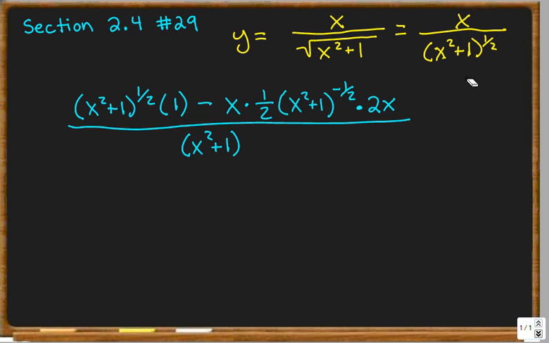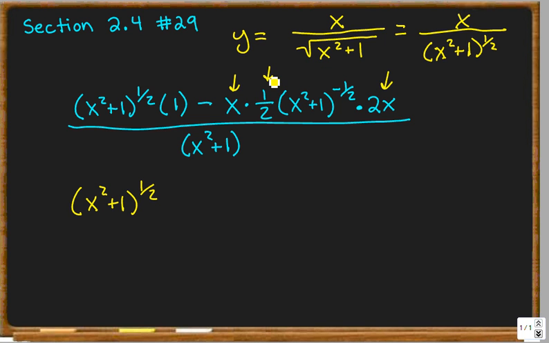So now I need to do some simplifying. My first term is still going to be x squared plus 1 to the 1/2. And I want to combine some things in my second term. I've got an x here, and a 2x here, and a half. So I've got 1/2 x times 2x.